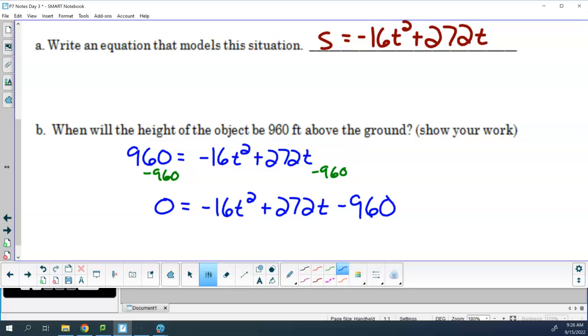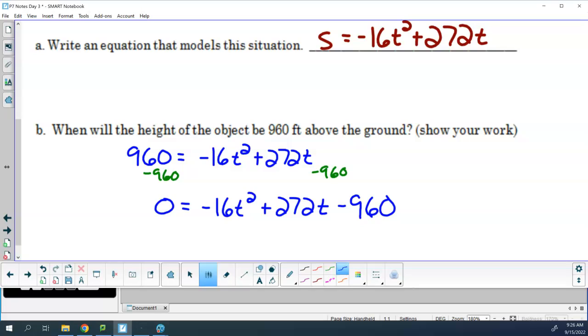Can we make it even easier on us? What would our greatest common factor be? Well, let's try 16. Does 16 go into 272? Yeah. How many times? 17 times. Does 16 go into 960? Yeah, how many times? 60.